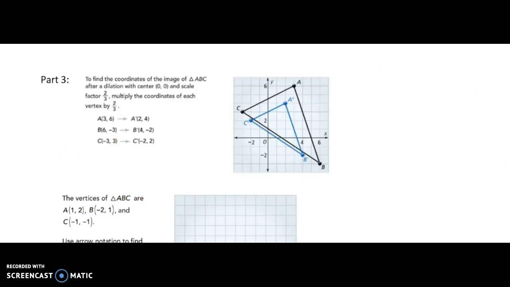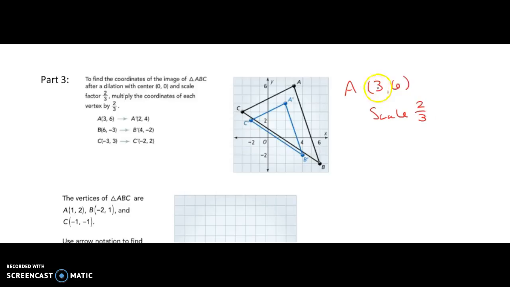Okay, so part 3, they're going to explain how we're going to use our scale factors to get our new coordinates. So when we are looking at A, it starts out at (3, 6), and we have a scale factor of 2/3.